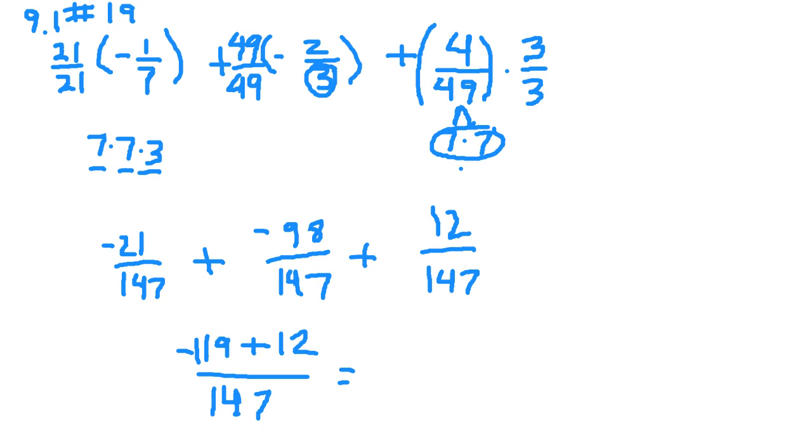Try your subtraction again, Erica. You're off by 10. That is 107. Oh, my bad. And should it be positive or negative? It's negative because we have the highest number that is negative. Right.